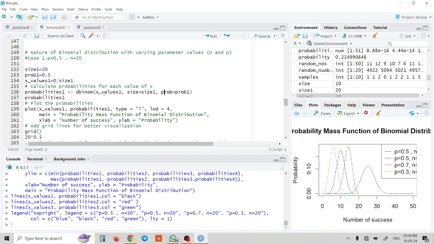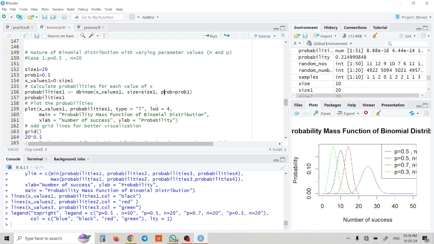If you want to know more about the dbinom function, you can watch my other video on binomial distribution, where I have shown clearly how to find the various probabilities of binomial distribution using R, and what the nature of binomial distribution is with the increase of the number of trials. Here we are taking only the varying parameters, to see how the binomial distribution behaves.